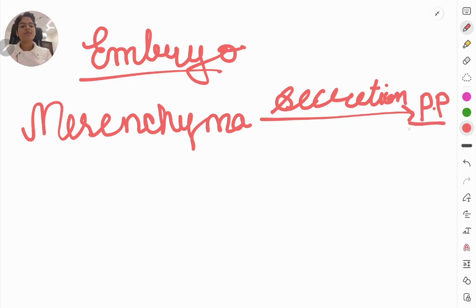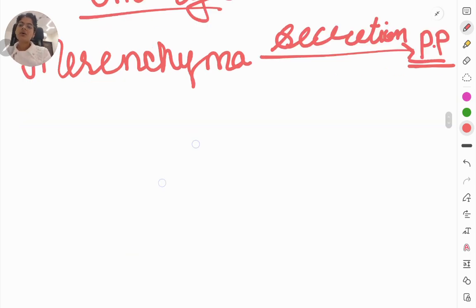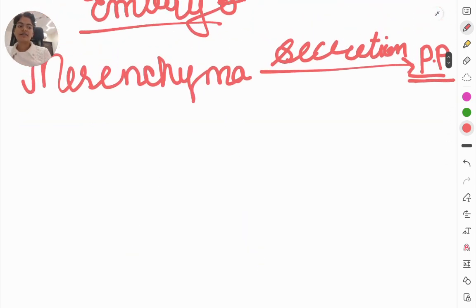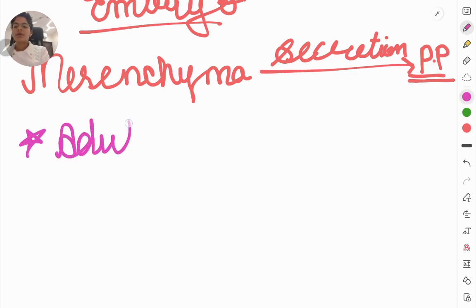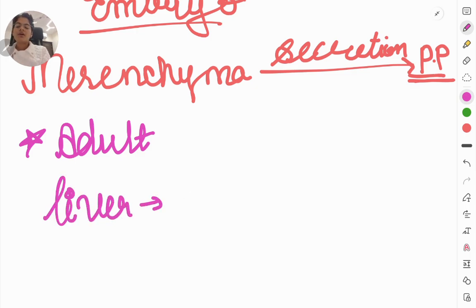Now I'm writing the short form as PP only. While in the case of adults, there is a liver responsible for the formation of all the plasma protein except the globulin.